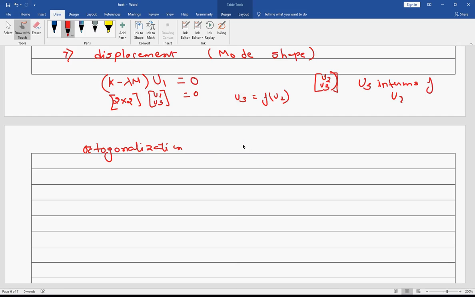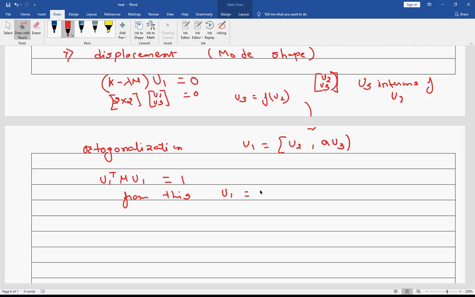From this you are going to get U1 as U2 comma A U3. Now I go for the orthogonalization: U1 transpose M into U1. This is the process that U is orthogonal to the mass matrix, and this multiplication should evaluate to 1.